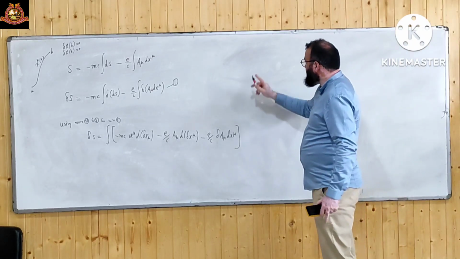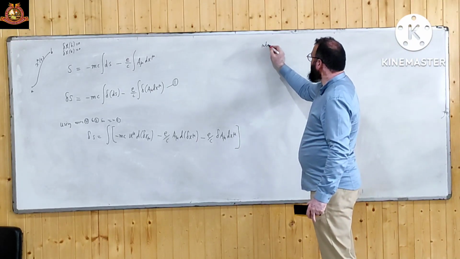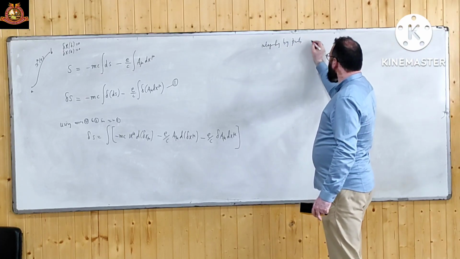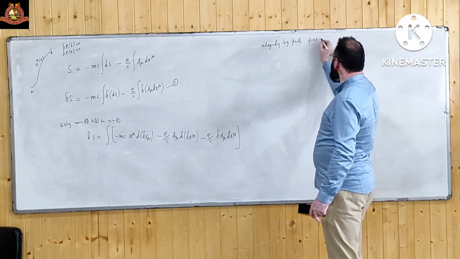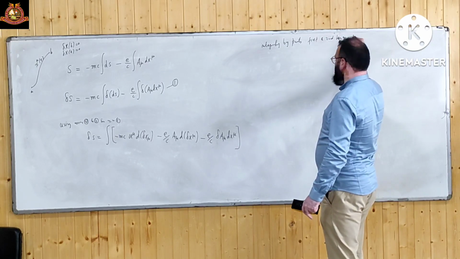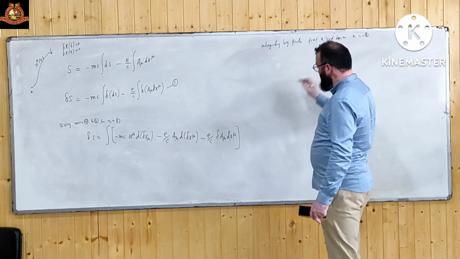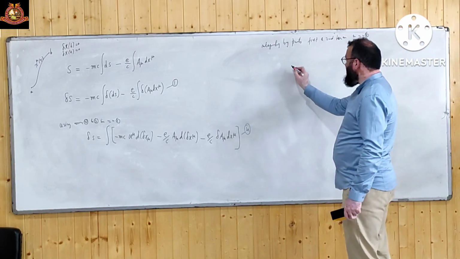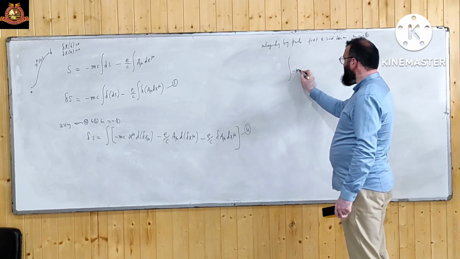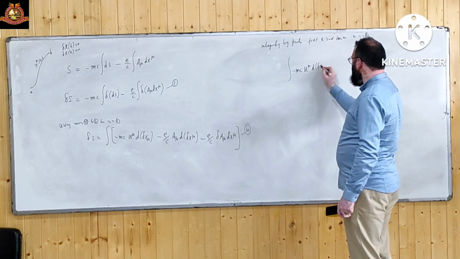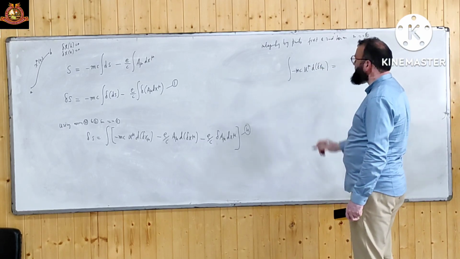Okay, so let's take integrating by parts, the first and second term in equation 4. So I have this integral minus mc u mu d of variation in x mu. Let's integrate this by parts.